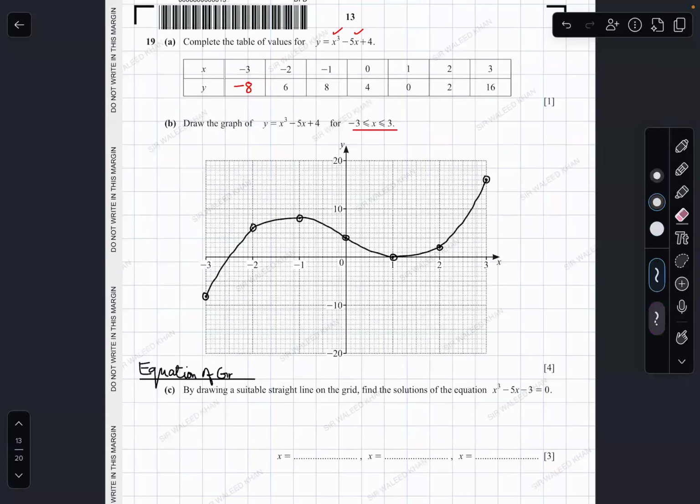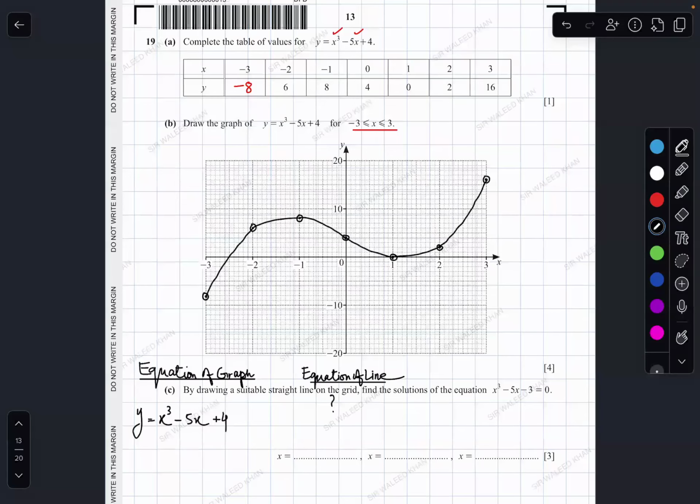Equation of graph, the one you just plotted, that was y is equal to x cube minus 5x plus 4. This is the equation of graph. Then we have equation of line. Equation of line is missing.